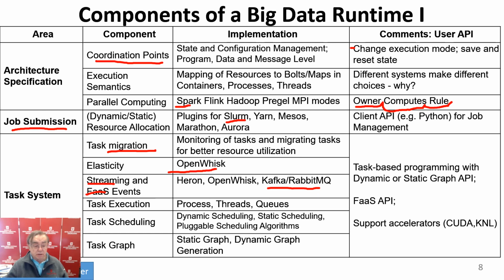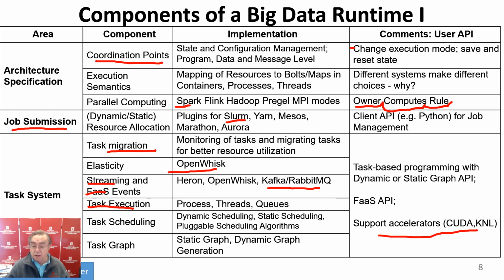We have to study the task execution, whether we process on threads, we'll have queues of work. Scheduling, we have to schedule the work. Spark, for instance, does dynamic scheduling, Flink does static scheduling, and then generally you want all types of scheduling. So you need to be able to choose and plug in different scheduling algorithms. You also have to support accelerators.